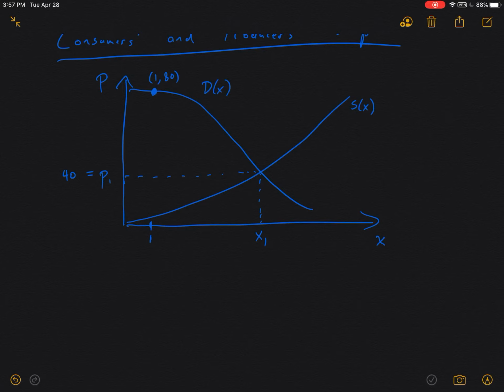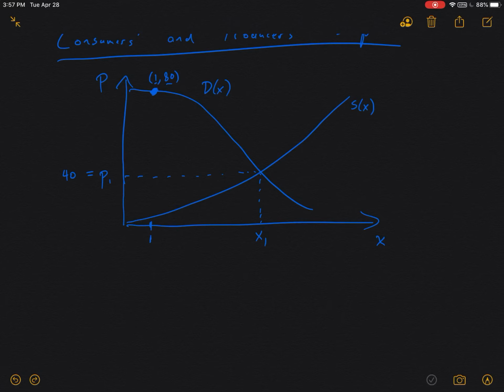So the fact that the demand curve goes through the point (1, 80) means that there is one person out there who would be willing to spend $80 to get their hands on this item. But notice that if this is being sold at the market price of $40, then this person actually saved a lot of money.